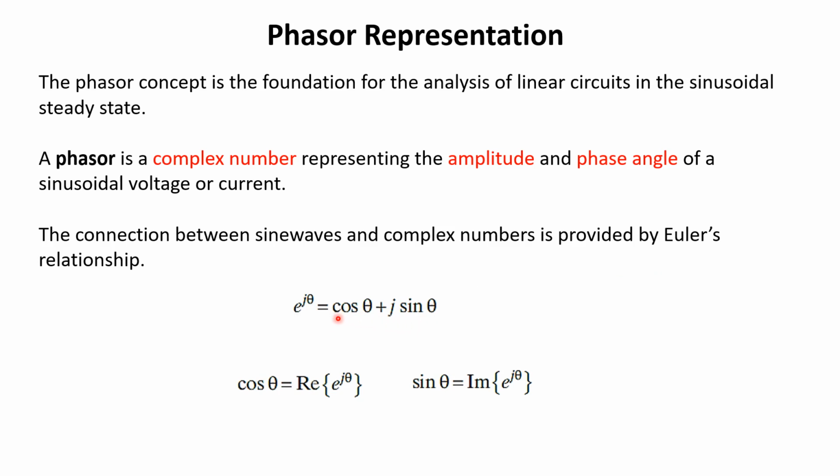The complex number cosine theta plus j sine theta is represented by Euler's relationship as e^(j theta). Cosine is the real part of e^(j theta), and sine is the imaginary part of e^(j theta).